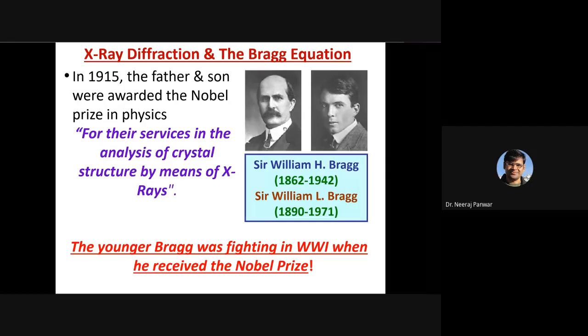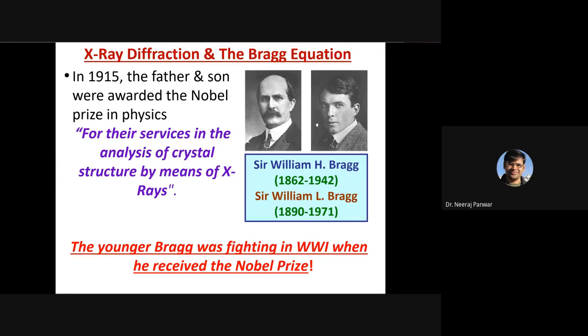So these are the father and son, and you can verify who is father, who is son, and both of them got the Nobel Prize in 1915. This is the only pair of father and son who got the Nobel Prize for working on the same problem. Though many pairs, father and son or mother and daughter, have received the Nobel Prize, they were working on different problems.